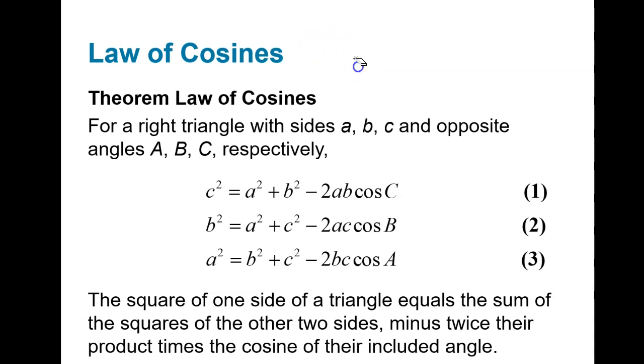As soon as we've used the law of cosines, we're done with it. We're not going to use it a second time. Once we have used it the first time, we will always have an angle and its opposite side pair, and now we can go to the law of sines to find the remaining sides. So the law of cosines is never really used more than once per oblique triangle, where the law of sines may be used multiple times.